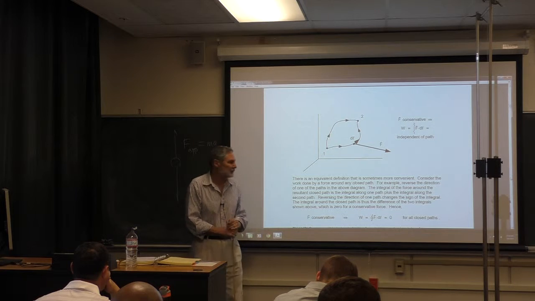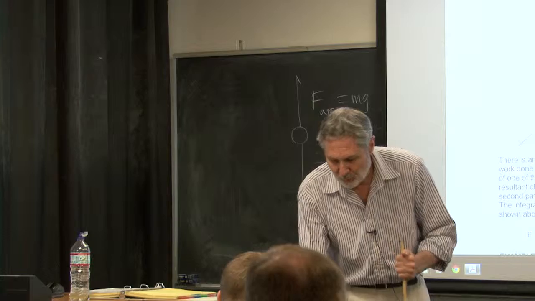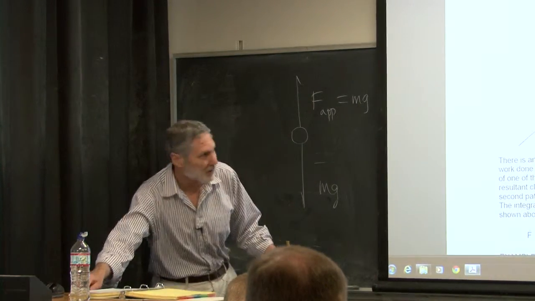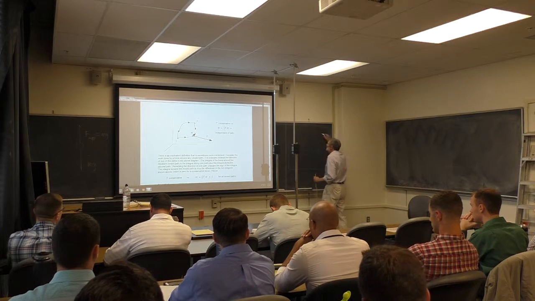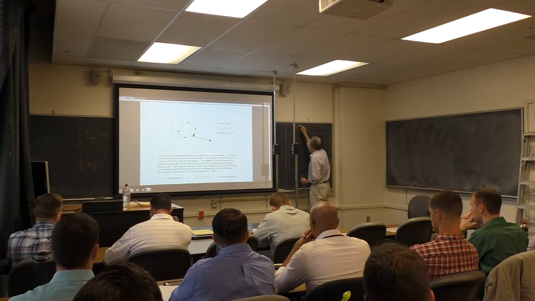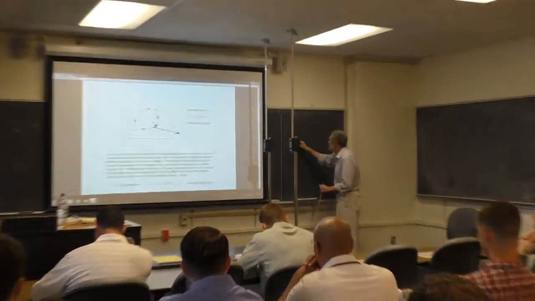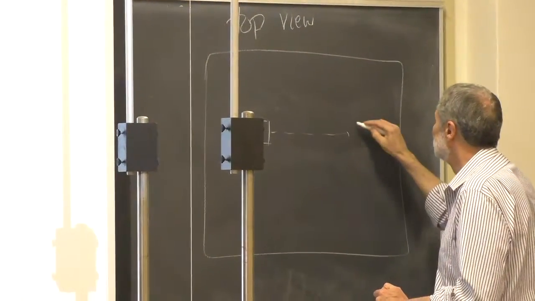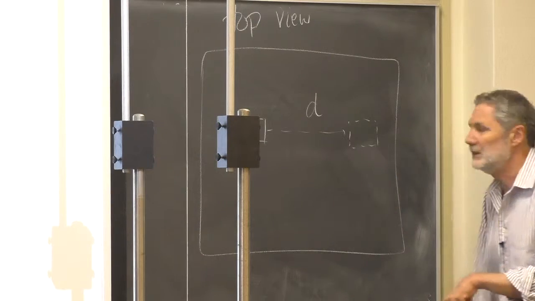All right, so what about friction? I've got this eraser here. I go from one point to another. So maybe I better put this on the board. Let's look at the top view here. So here's this eraser on this table, and there's friction here. So suppose I move it here, some distance d.